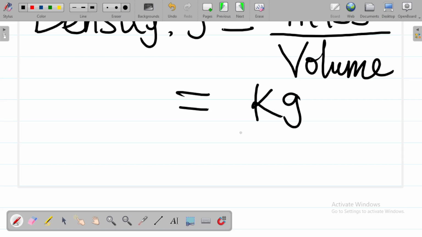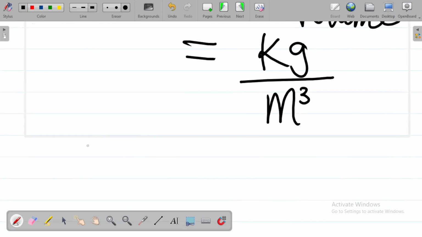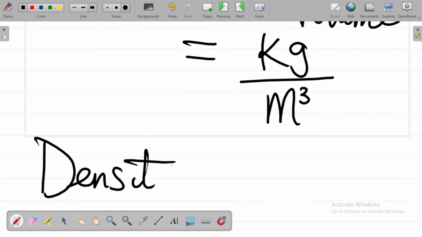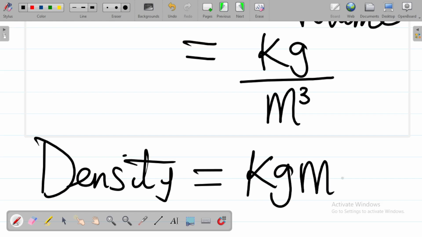So we have kg all over volume, which is measured in meter cube, m raised to power 3. So therefore, density is equal to kg multiplied by m raised to power negative 3. So this is the derived unit for density.